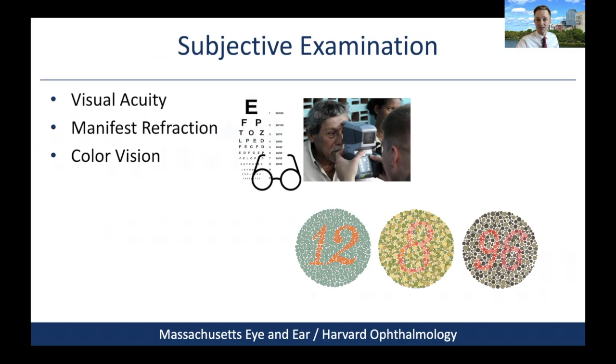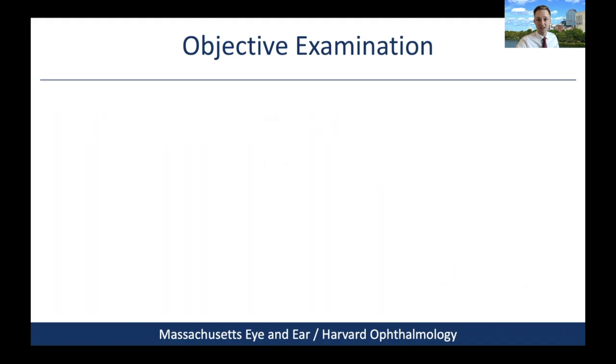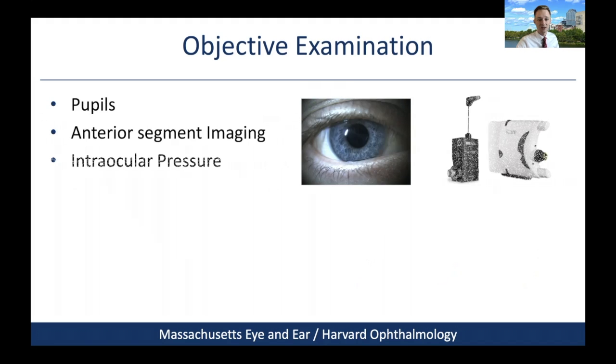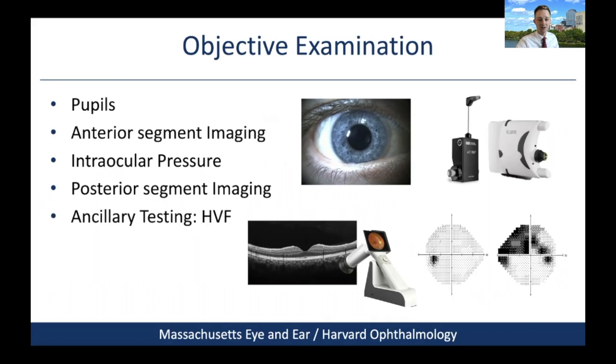The technician can check their color vision or Amsler testing or any other subjective testing that's worthwhile. In terms of objective testing, you can check the pupils and anterior segment imaging. You can check intraocular pressure, either via Goldmann testing or non-contact testing, whichever is appropriate for your clinical setting. You can obtain posterior segment imaging or other ancillary testing like a visual field.